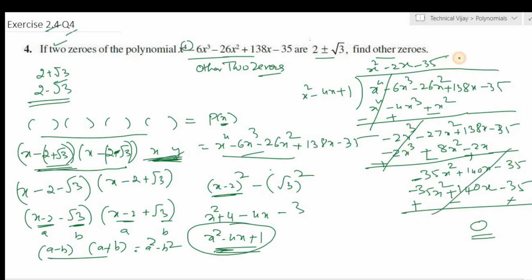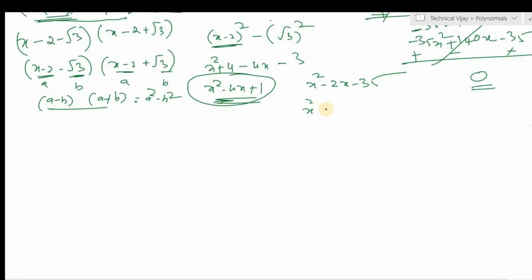So now this is the quotient, and the other two zeros are here. This one we will take: x square minus 2x minus 35. This we will factor. 35 is 5 times 7, or 7 times 1. So 7 and 5, where 7 minus 5 equals 2.